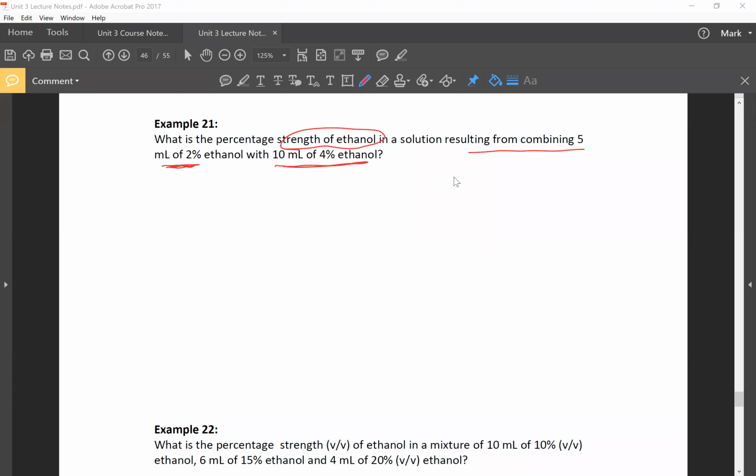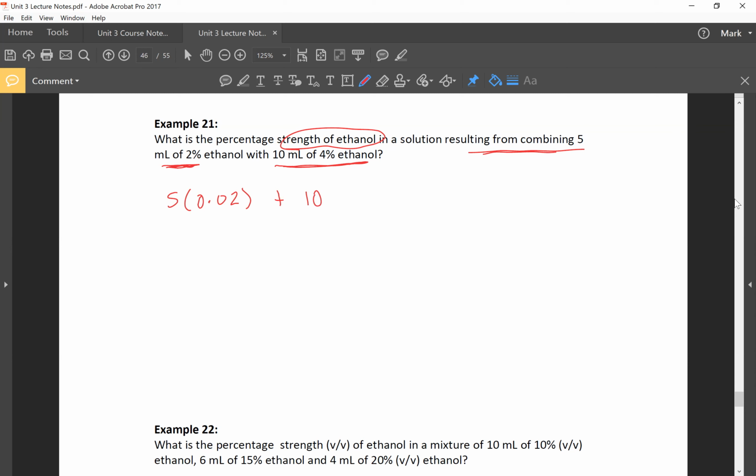I don't think it can be 50% because we're mixing together 2% and 4%. But anyways, what is the percentage strength in the solution combining 5 milliliters of 2%? So 5 times 0.02, plus 10 milliliters times 0.04.